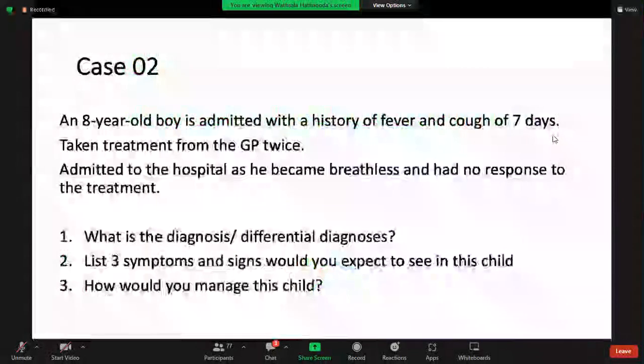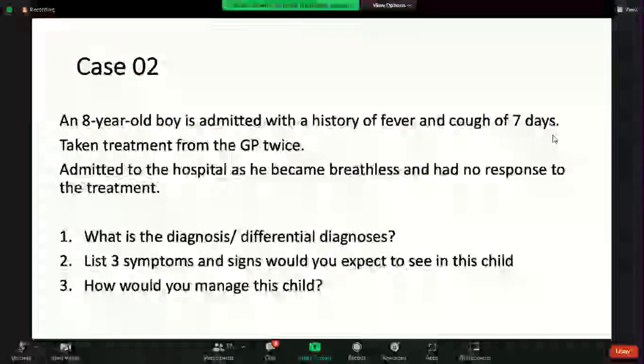So it's community-acquired. So, Jan, you said one organism is mycoplasma. What are the other causative organisms for community-acquired pneumonia in this age group, other than mycoplasma? Streptococcus pneumoniae. Yes, very good. So the other common one is strep pneumonia. What else? What else?